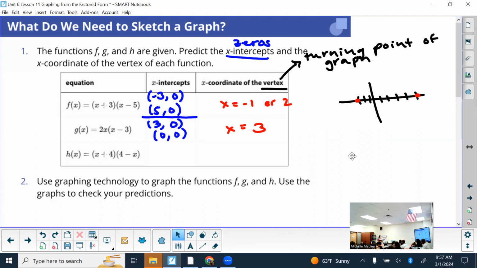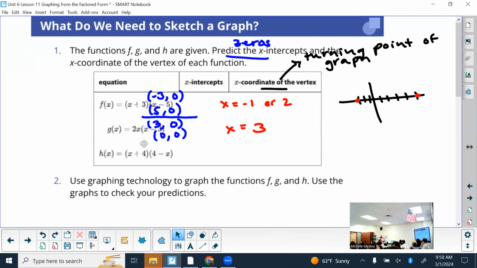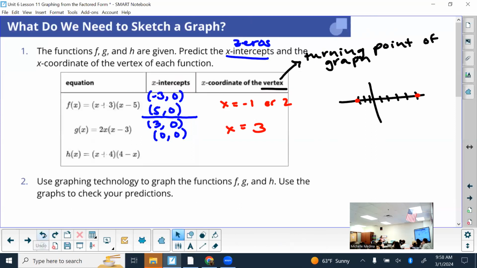Table 8, what about the x-intercepts for h of x? Give me one second. -4, I would agree with, and then what's the other x-intercept? So it won't be 0.